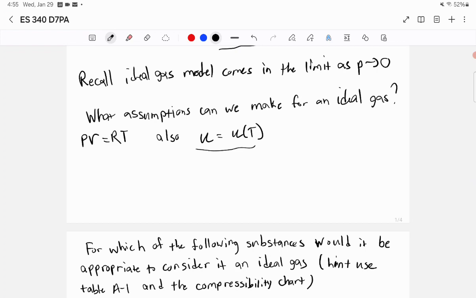Similarly, this is kind of similar to the compressed version, but we can actually take H of T to be equal to U of T plus RT.